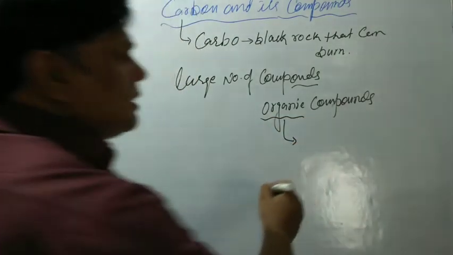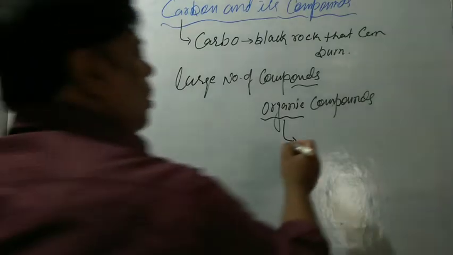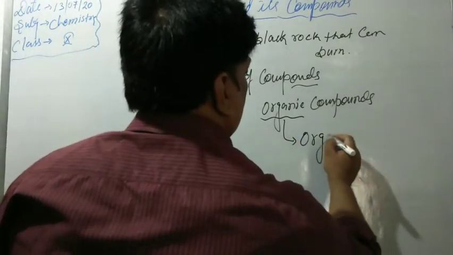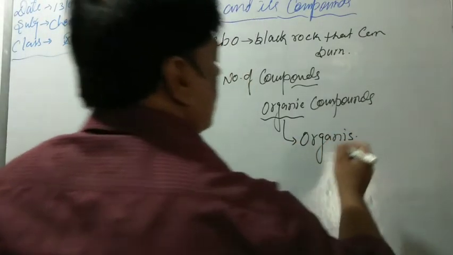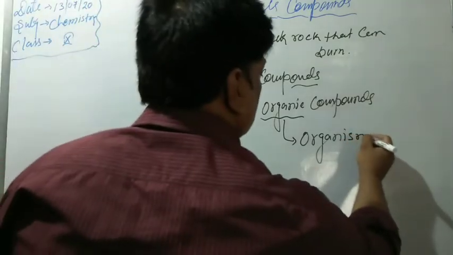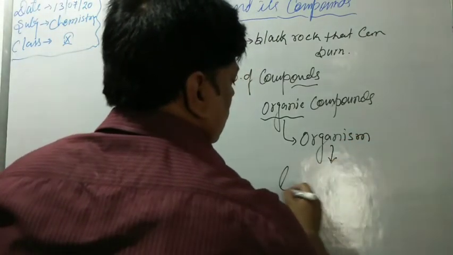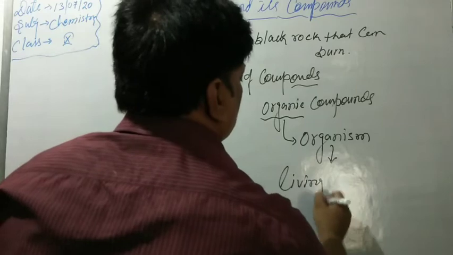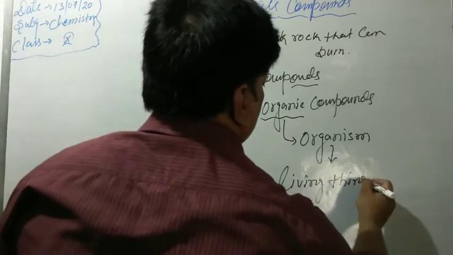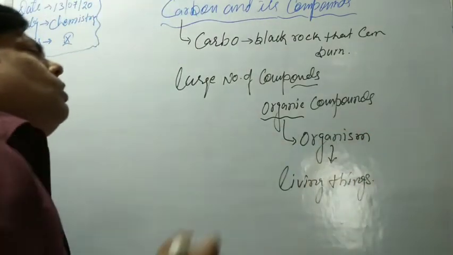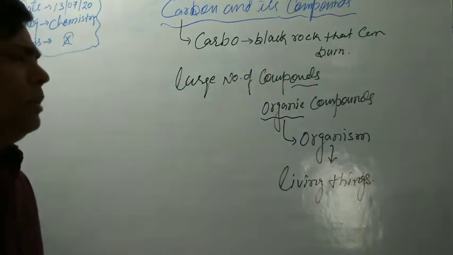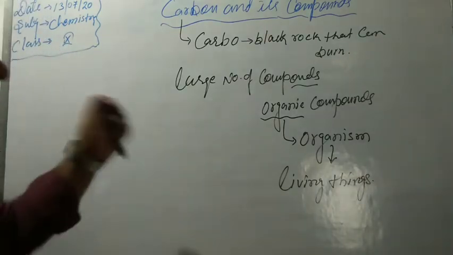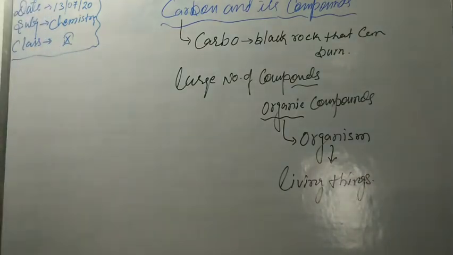The meaning of organic is derived from organism. Organism means what? Living things. So, that is the history of carbon.